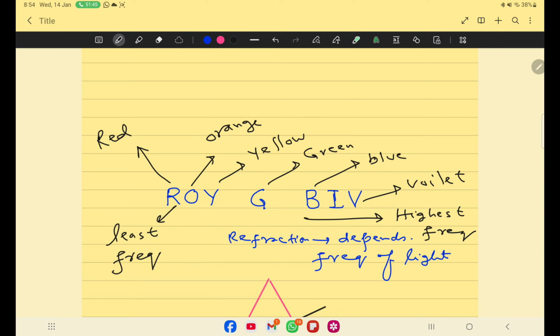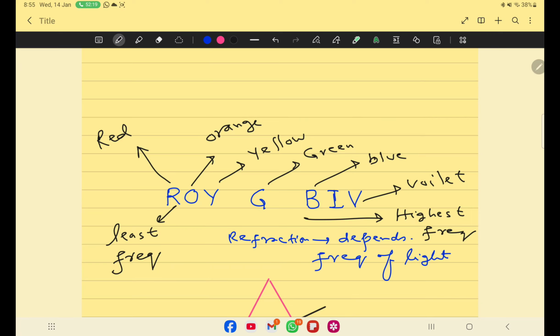Then ultraviolet, X-rays and gamma rays are beyond. So highest frequency is for violet; red has the least frequency, so it will bend least. If you compare red with green, the green will bend more. If you compare red with blue, then blue will bend more.